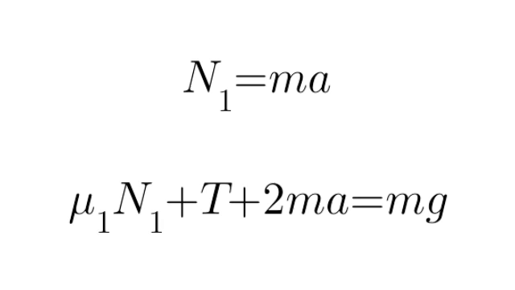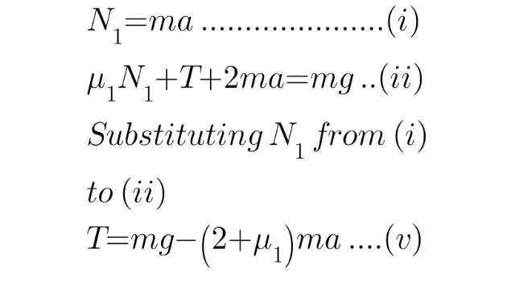So we end up with the equation N1 equals small m times a, and the second equation mu1 N1 plus T plus 2ma equals mg. So we will solve for the tension and get this.